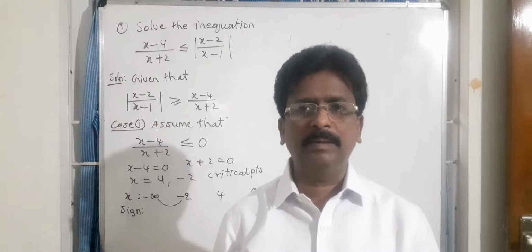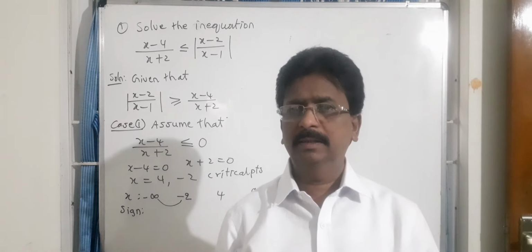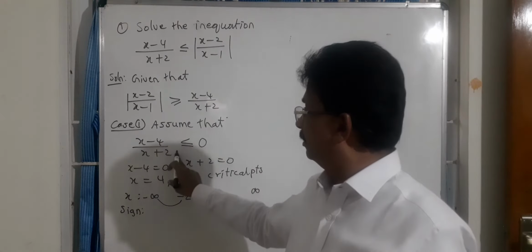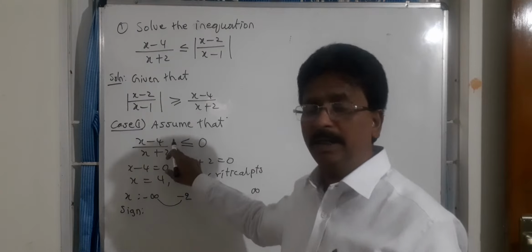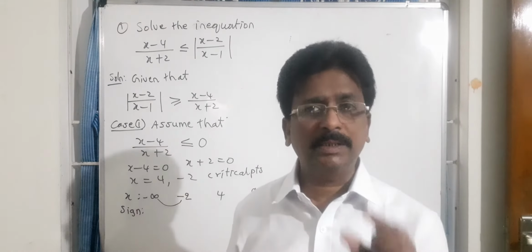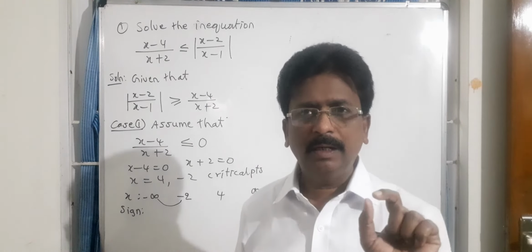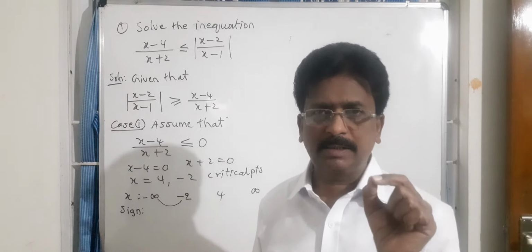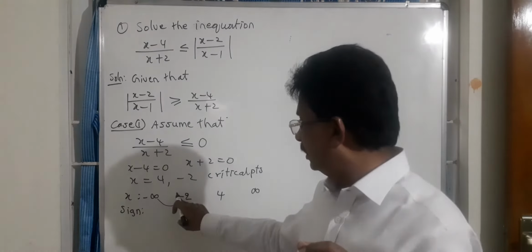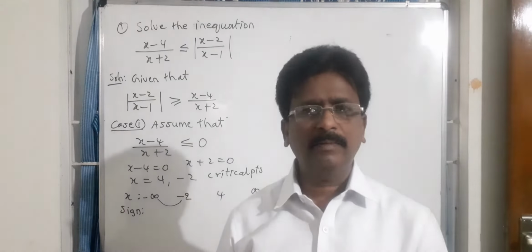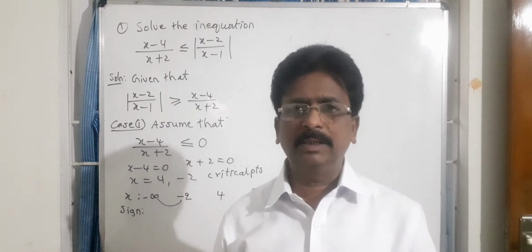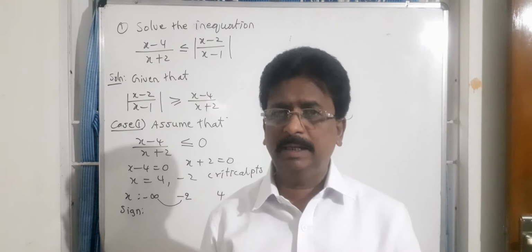To decide in this interval, minus infinity comma -2, whether the expression value is negative or positive, very simple, take any number for x which is less than -2. According to your convenience, you can choose any number which is less than -2.